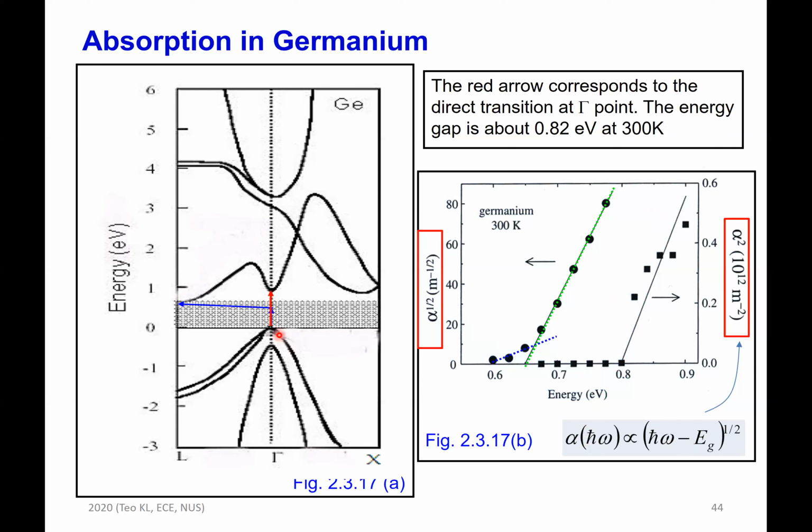If you measure from here to here, it gives you 0.82 eV. So absorption in an indirect bandgap semiconductor does not necessarily go from the top of the valence band to the minimum of the conduction band; it's also possible to have such a direct transition, given sufficient energy to absorb from the top of the valence band to here.